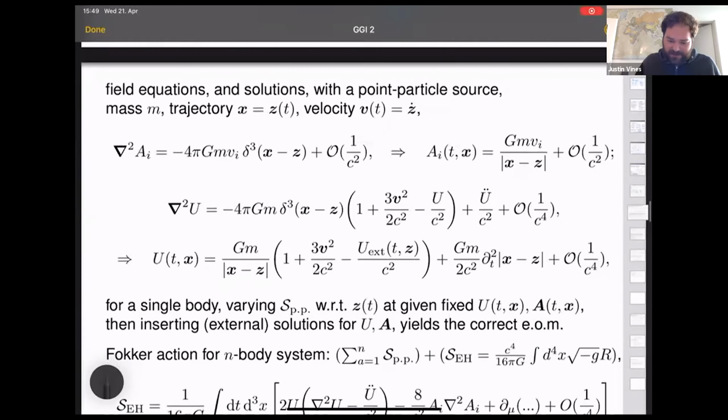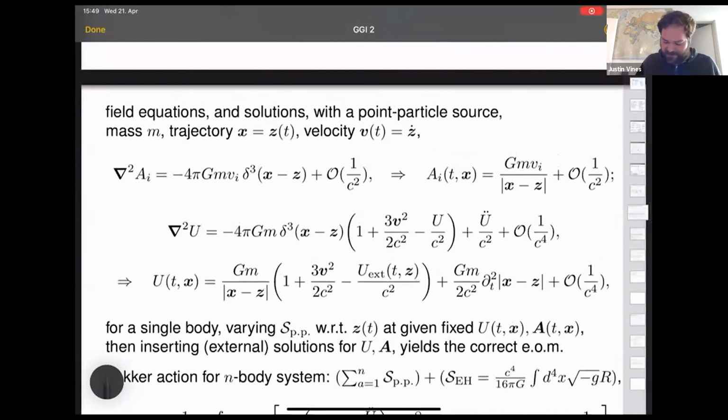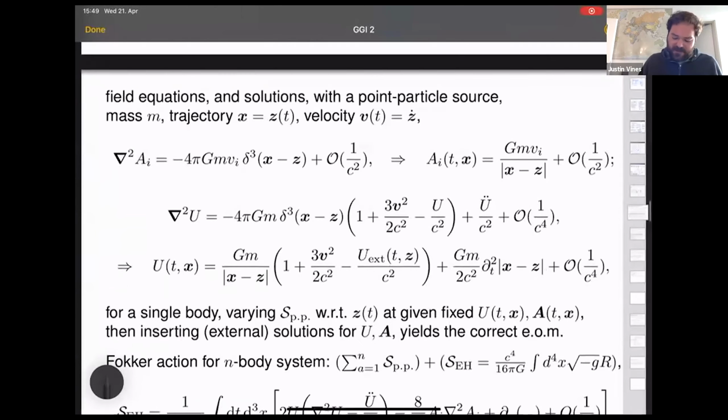And that's how we solve the first post-Newtonian field equations with sources. So remember, we're imagining we have some particle with some mass and a world line that goes into source the field equations. This and this are the solutions to those field equations, given now as a functional of the world line.